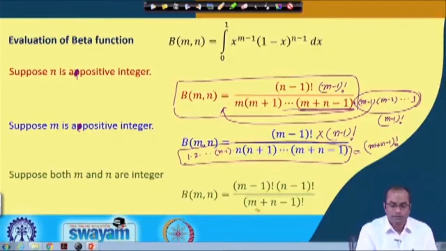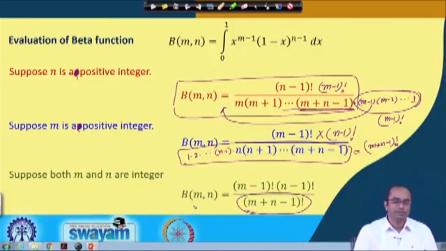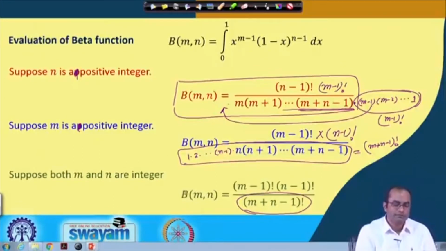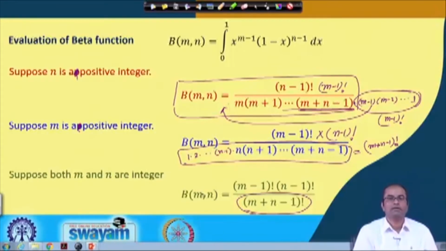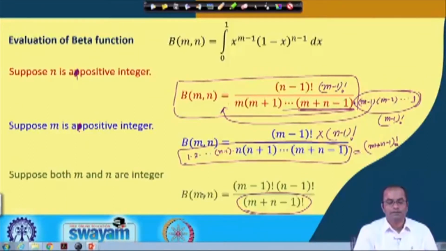So, this is the formula when m and n both are integers. We have this beta function written in terms of the factorial: factorial m minus 1 factorial n minus 1 divided by factorial m plus n minus 1.